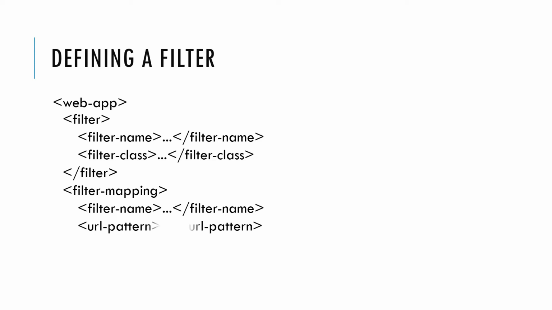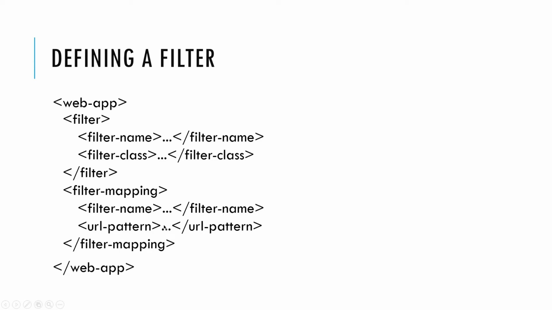Next we can see defining a filter. We first have to define our filter in the web.xml, or the deployment descriptor. We give the filter tag, and within the filter tag we mention a name and the filter class, and we have to map the filter to a URL pattern. We give the name as well as the URL pattern.